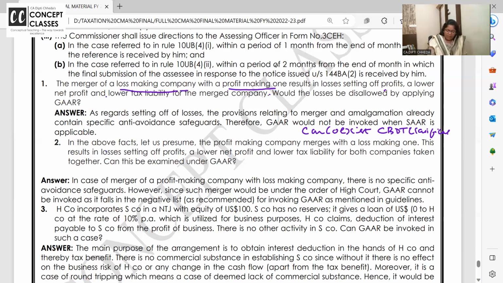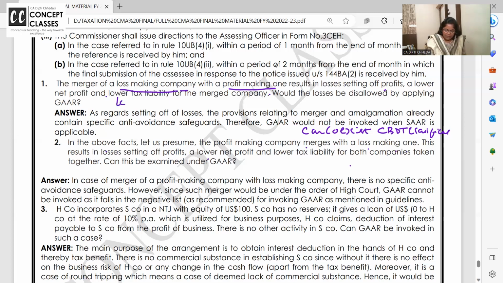Yes. In the above, let us assume that the profit-making company merges with the loss-making one. This results in losses setting off the profit, a lower net profit, and a lower tax liability for both companies. Now it is the reverse, look. What was happening earlier?